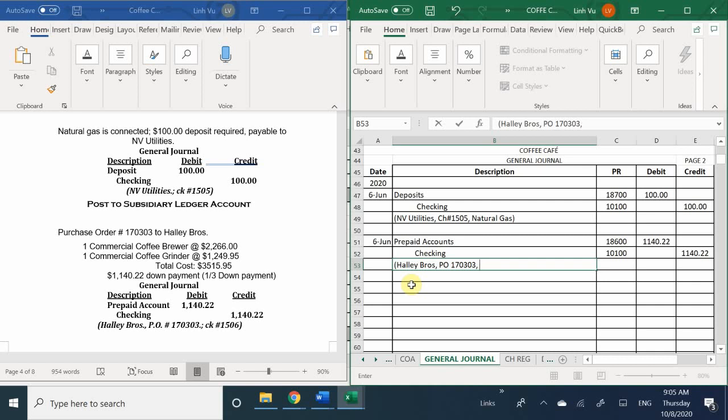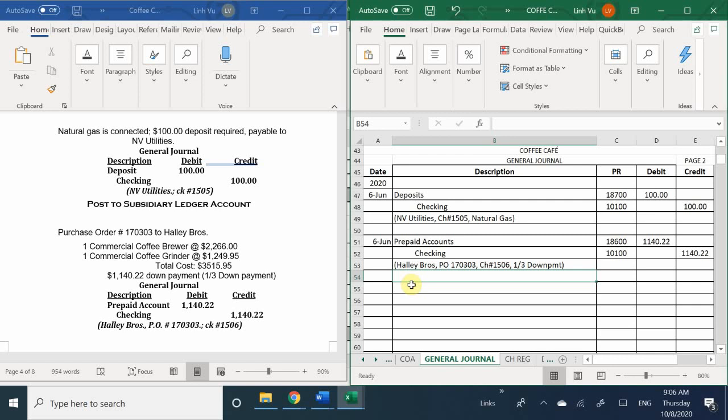And I wrote a check, check number 1506, which, if I wanted to be more descriptive, should have been one third down payment.